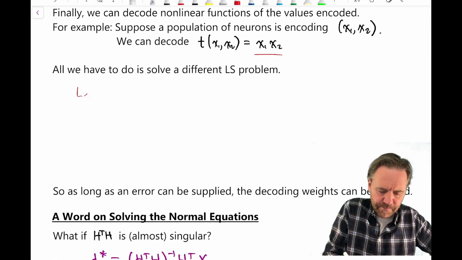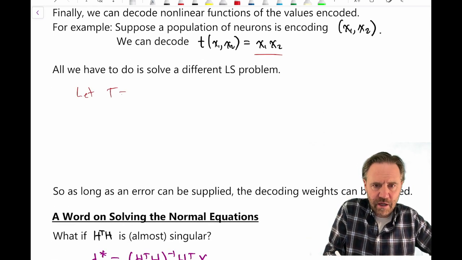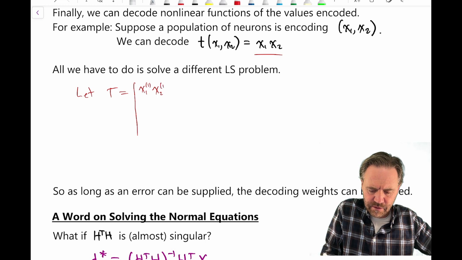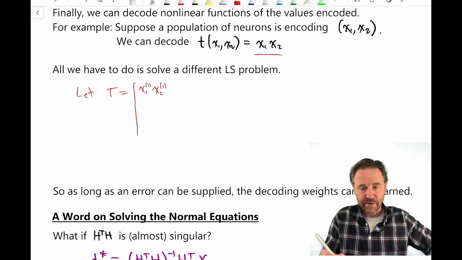So let's let t equal this vector. The first element is the first sample x1 times x2, just multiplying those two values together.